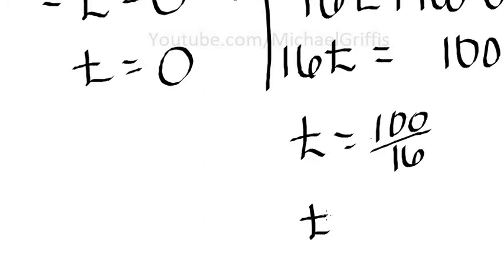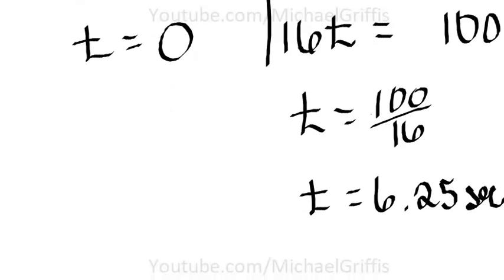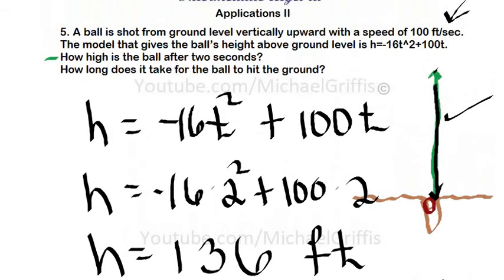Okay, it's a nice number. Nicer than I thought. 6.25. And of course, don't forget, it's in seconds. I don't want to forget that. Okay. 6.25 seconds. So that's how long it took for the projectile, or the ball, we're saying.